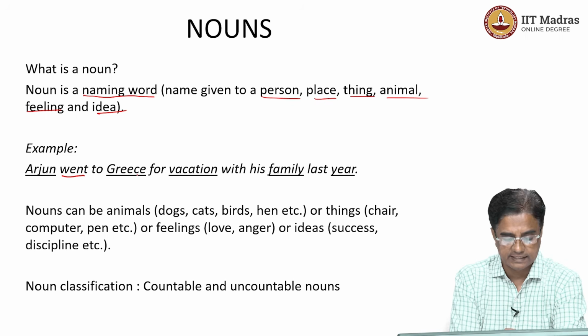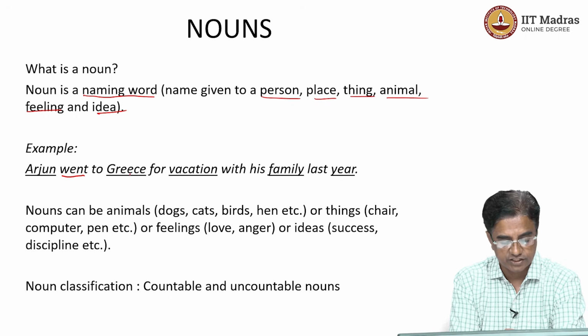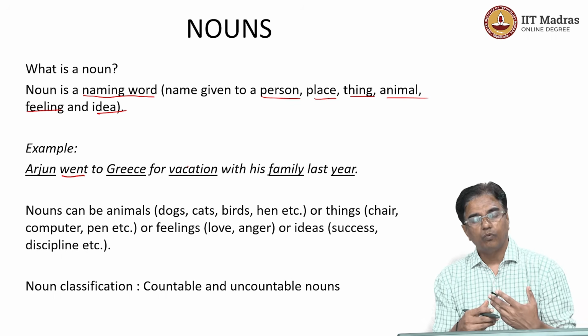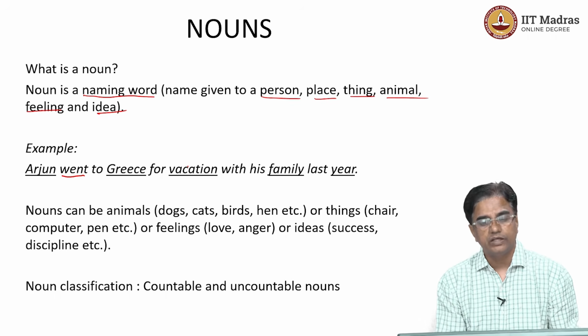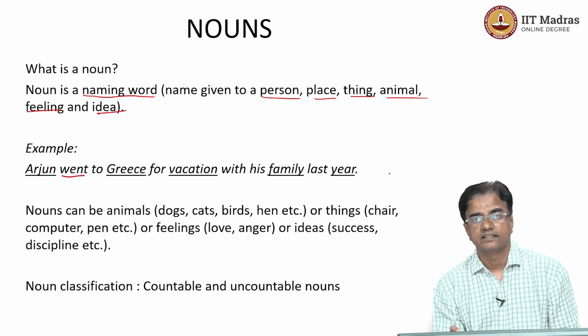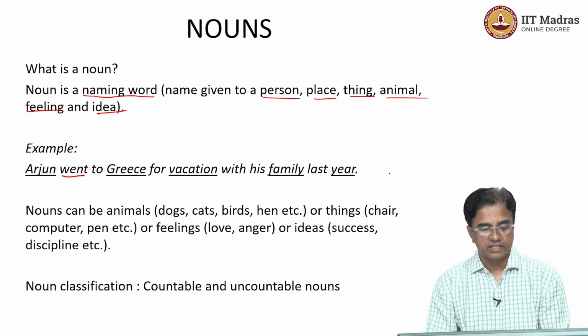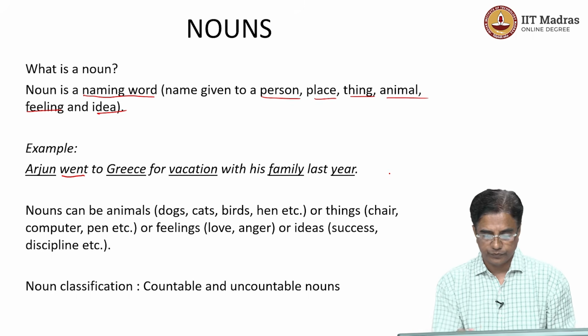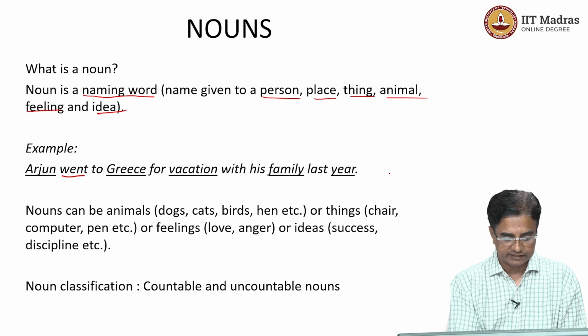To Greece, Greece is the name of a country, so a noun. Vacation is the name of the thing that they were doing with his family last year. So all these underlined words are nouns, they are names of something. So we are describing them here.